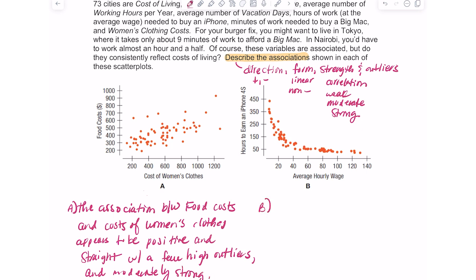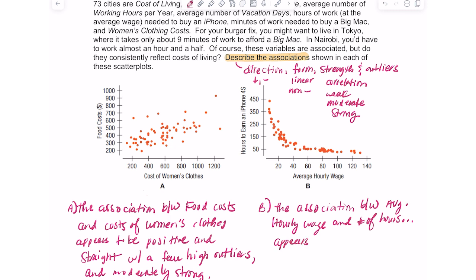In letter B, we're looking at average hourly wage and hours to earn an iPhone. So we would say something like the association between average hourly wage and number of hours to afford an iPhone appears to be negative because it's sloping down to the right.